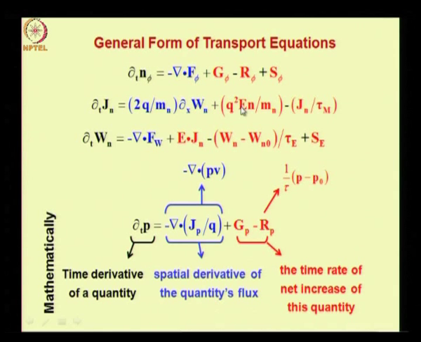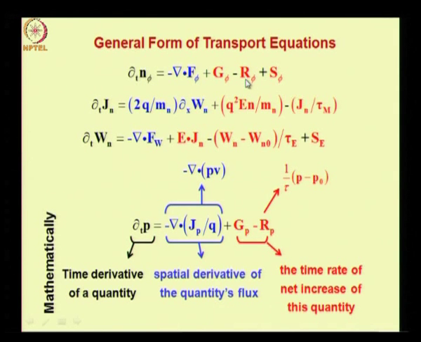Then you have several source and sink terms here. G phi is the generation of n phi due to applied force and so on. So the term in the Boltzmann transport equation which depends on the force works out as the generation term when you convert it into a balance equation by summing over all the momentum states.